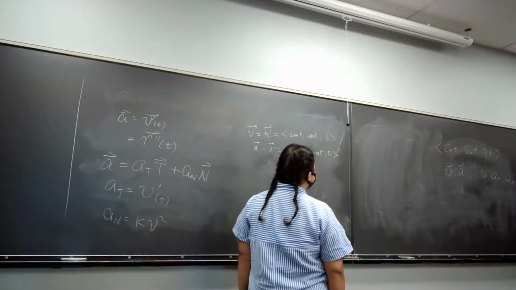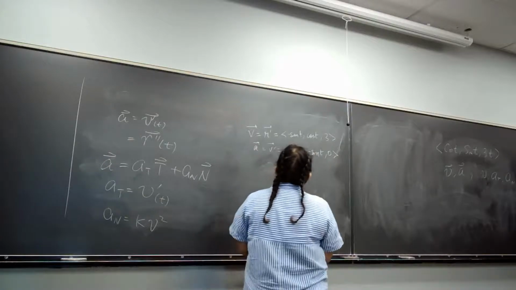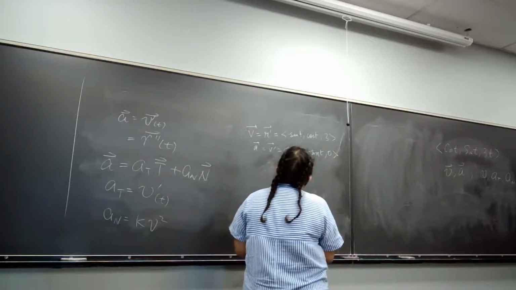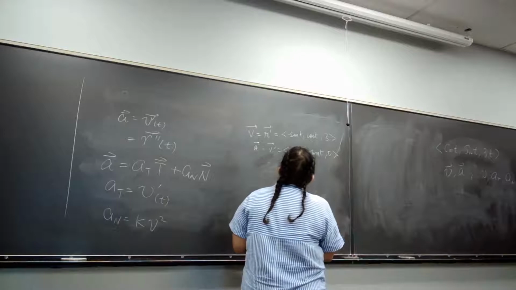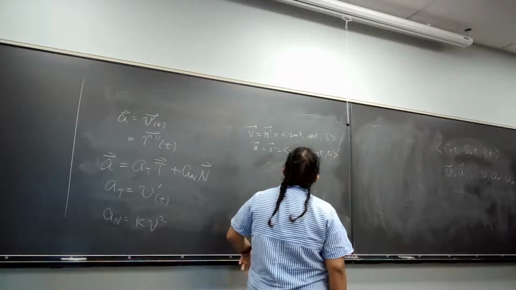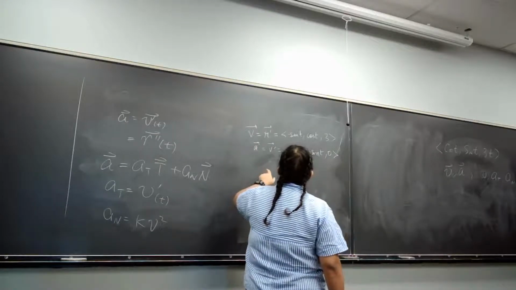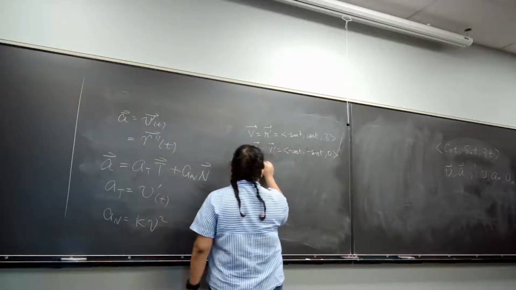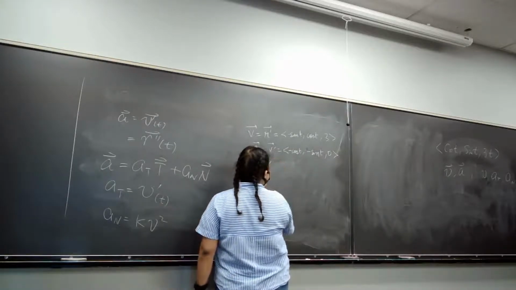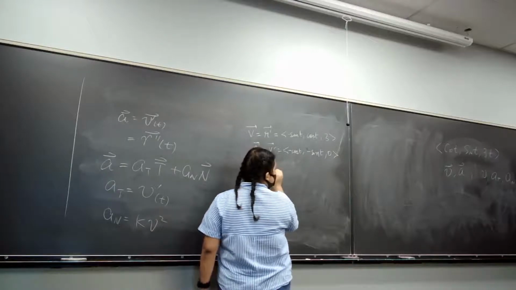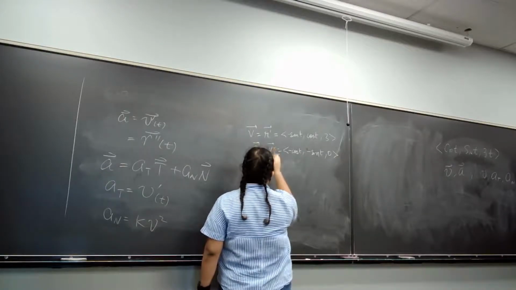You have to switch the order. You have to find out the speed first, then take the derivative. Yes, but then you find out what v is as a scalar.